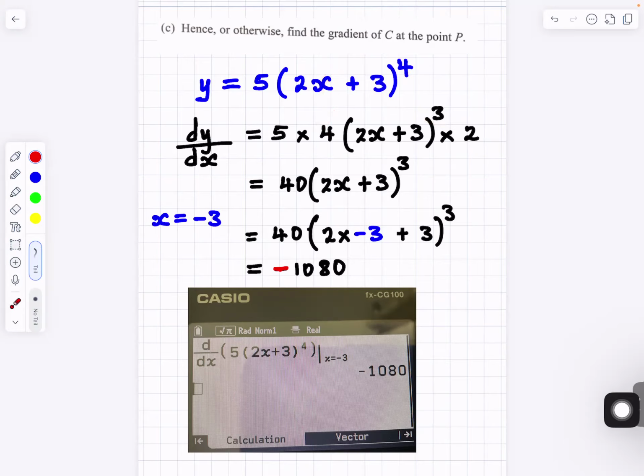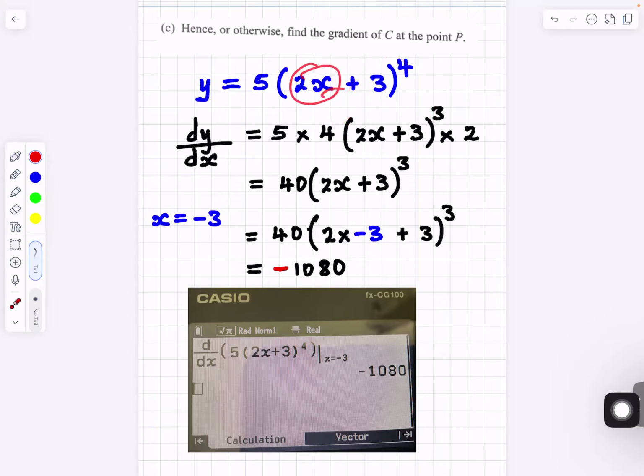And then you differentiate the inner function. You differentiate 2x, you get 2. You differentiate 3, you get 0. Let's start again. You multiply by the power 4, subtract 1, you get 3.